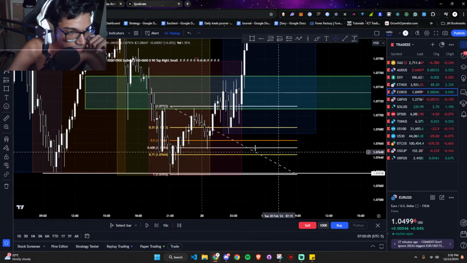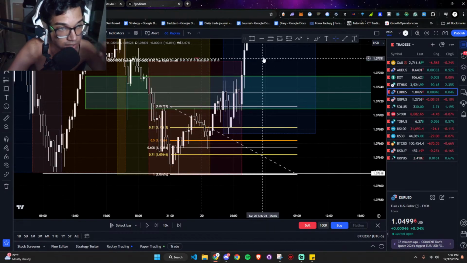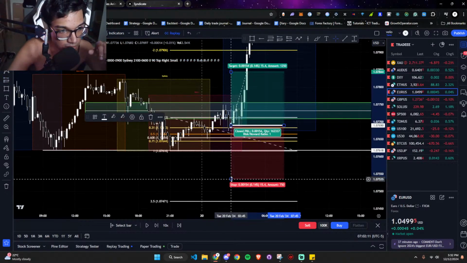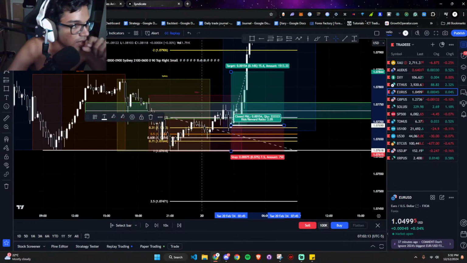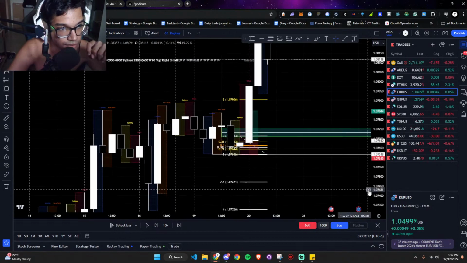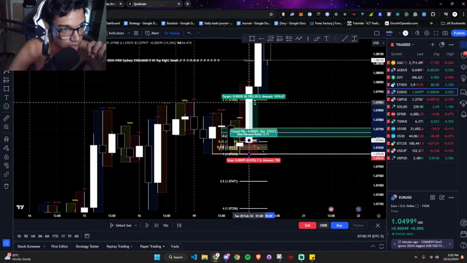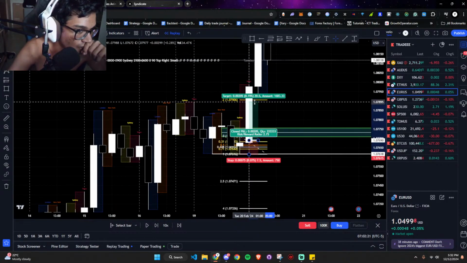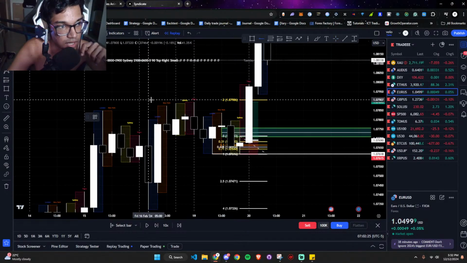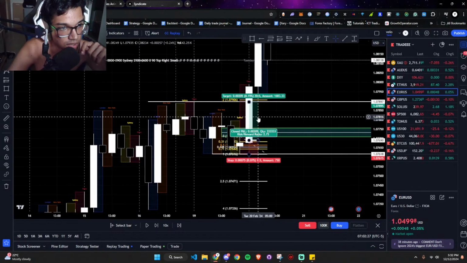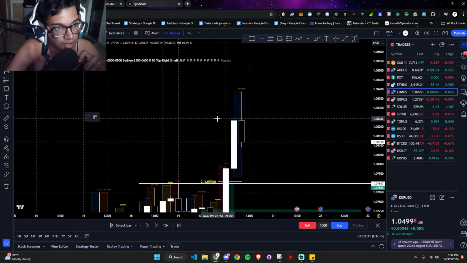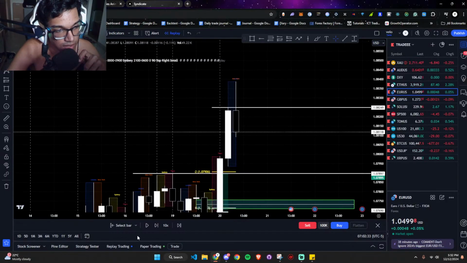So it seems to be rejecting 0.5, which is a good sign, which means even if you buy from, let's say 50%, target the high of liquidity. This is the closest draw on liquidity, so you target this as your draw on liquidity, 2.7 out of this trade.